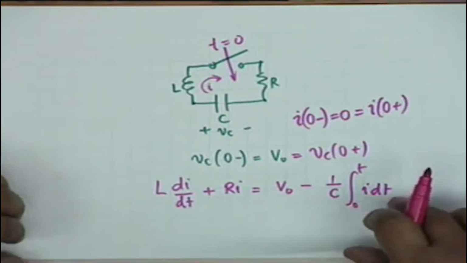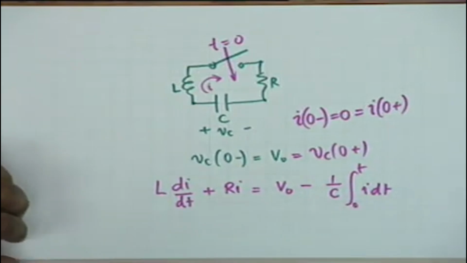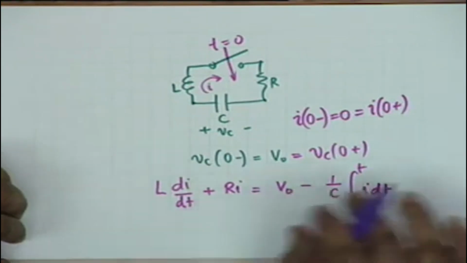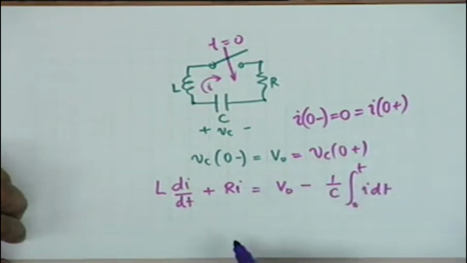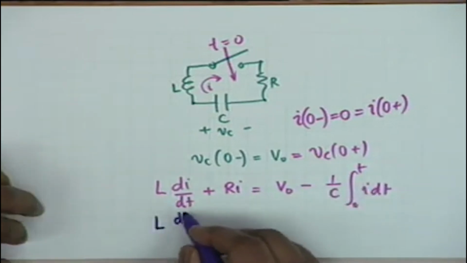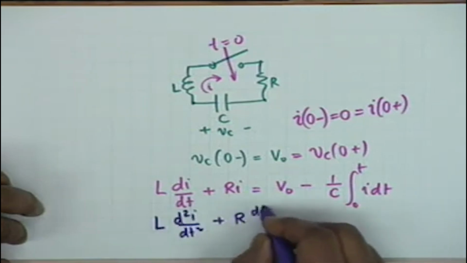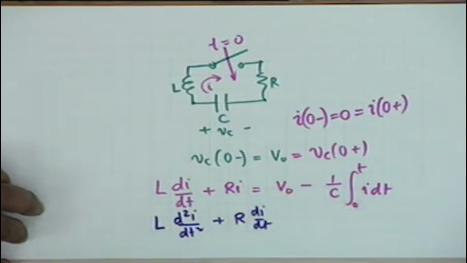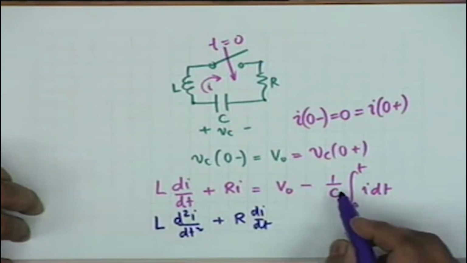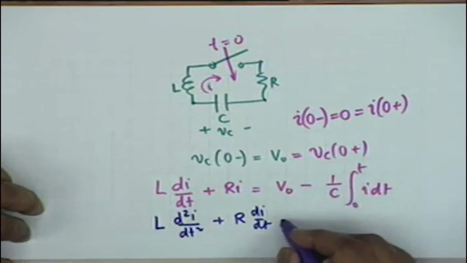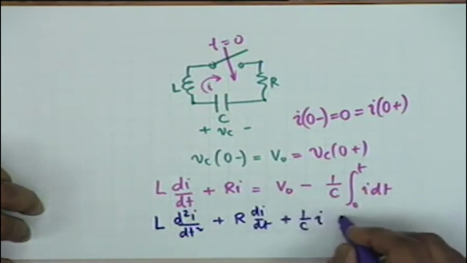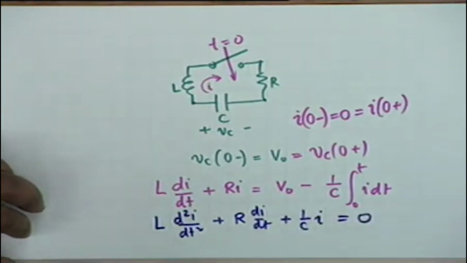Now an integro-differential equation, as I have told you, can always be converted into a differential equation by one more differentiation. We want to get rid of the integral sign, so what I get is L d2i/dt2 plus R di/dt, and in the process d/dt of V0 becomes equal to 0, and therefore we get simply i/C, which taken to the left hand side becomes (1/C) times i equal to 0.